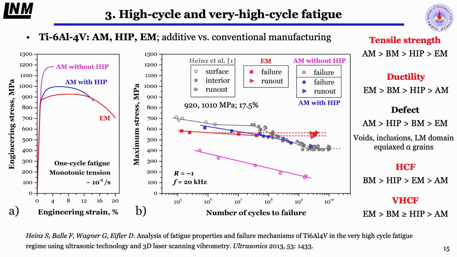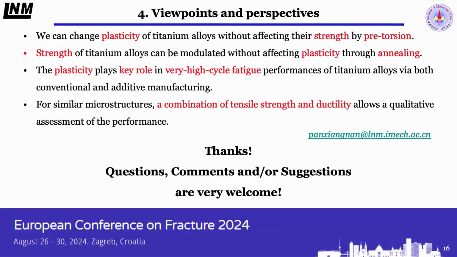Exactly, in the very high cycle stage the EM is the best. The ES after HIP fails by interior crack initiation, like this. So my result is that the plasticity is important, and the plasticity plays a key role.